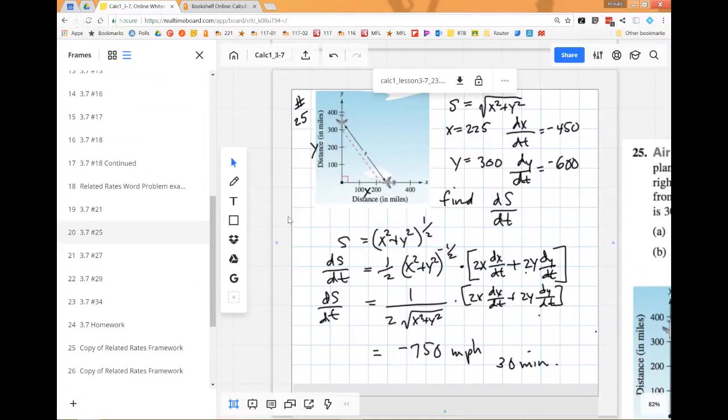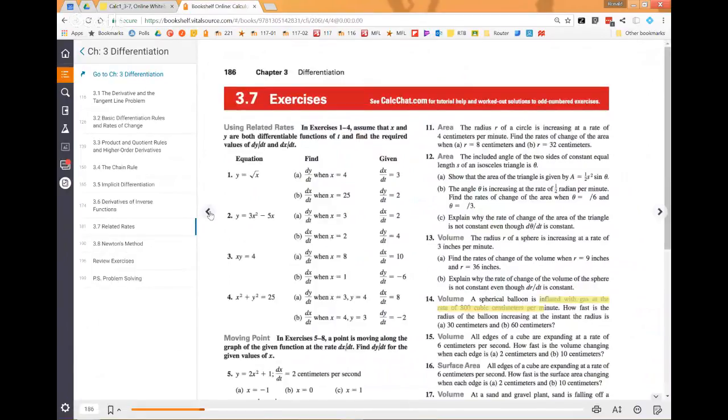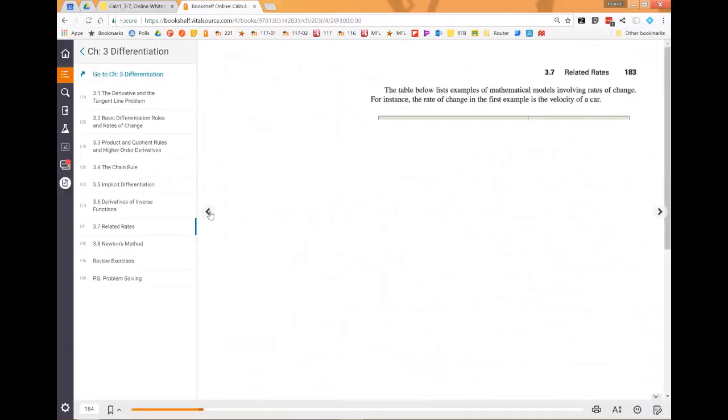I don't have a copy of the book, but in my book, it's on page 179. Let's go back and try to find it. Okay, what page are we on here? 186. So let me just go back a little bit.